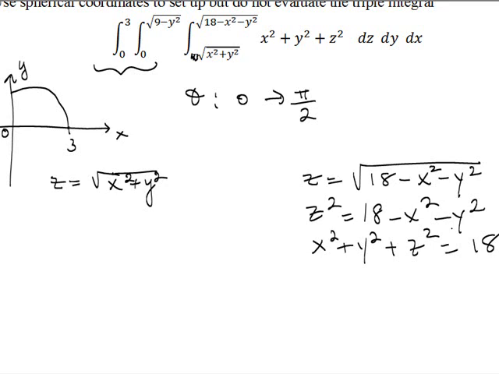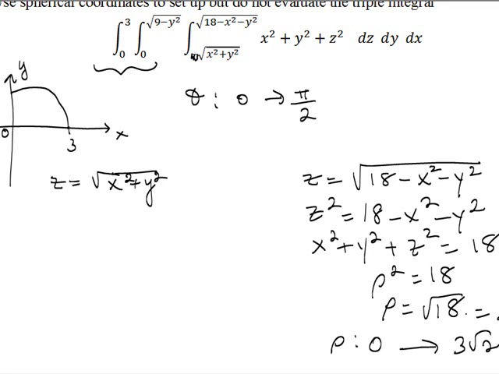As you can see, we are getting somewhere. Let's find our rho. Rho squared is 18. So rho is square root 18. And if you want to simplify that as a radical, that's 3 square root 2. You don't have to. It just looks nice. So rho goes from 0 to 3 square root 2.